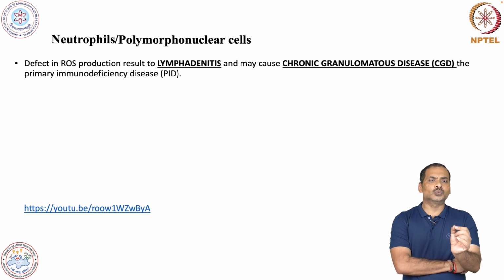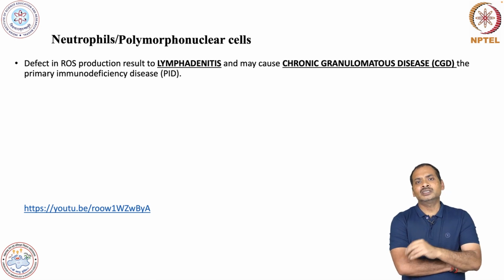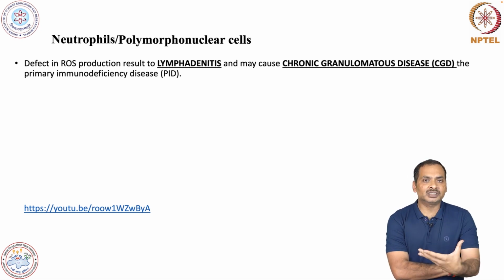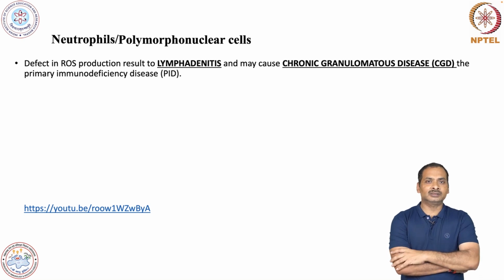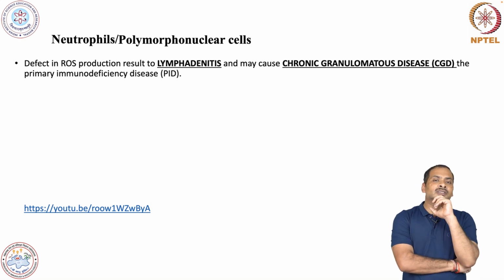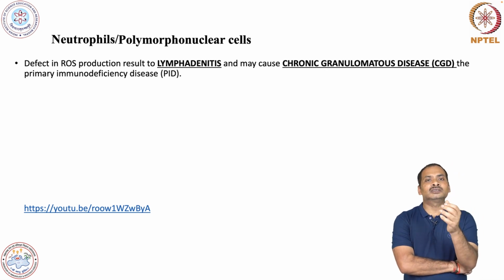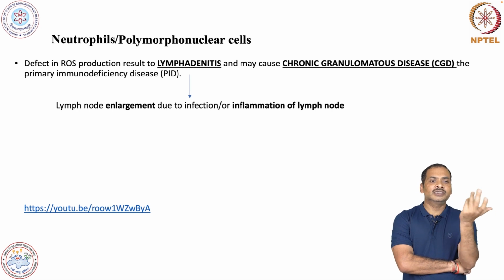Wherever you see the suffix itis, like pancreatitis, gastritis, it means inflammation of that particular organ. Okay. So, this causes inflammation of the lymph node, and that results in the accumulation of the microbial pathogen, and that will cause a variety of severe problems.